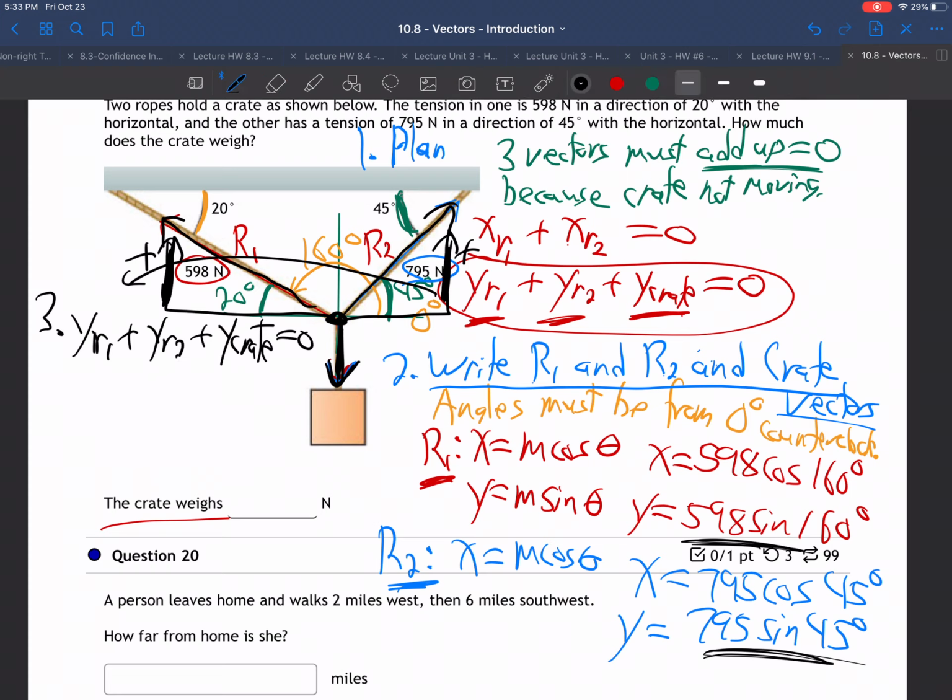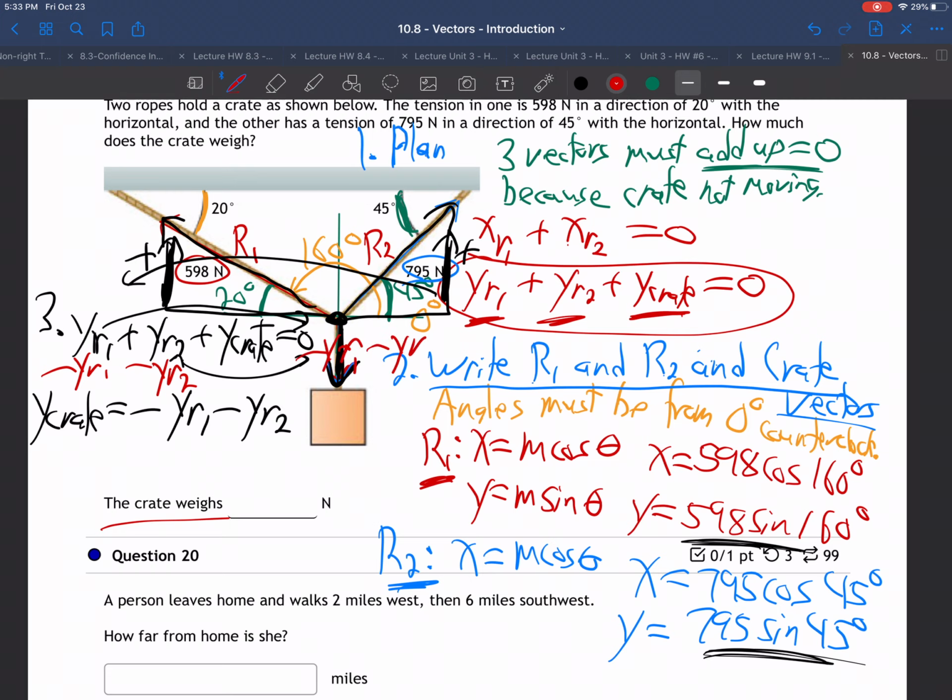Is that okay? I'm just going to basically jump these guys to the other side. We're going to have y for the crate is going to be a negative y rope 1 minus y for rope 2. They're just going to end up negative on the other side, when I subtract y rope 1 and y rope 2 from both sides.